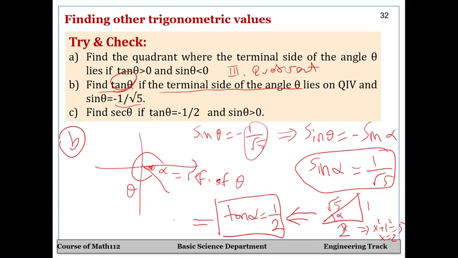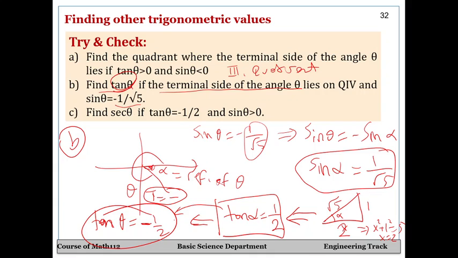Then you have to go back to tangent theta. What is tangent theta? It's in the fourth quadrant, so tangent theta is negative. So you have to put negative here, in front of tangent alpha.